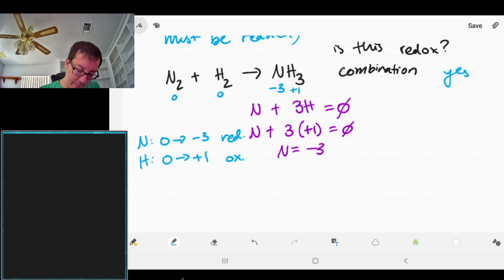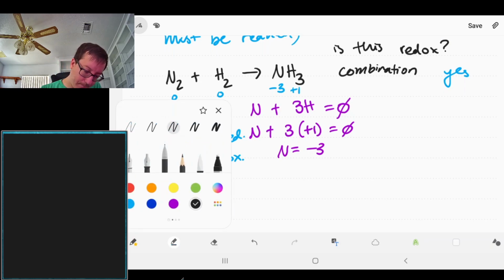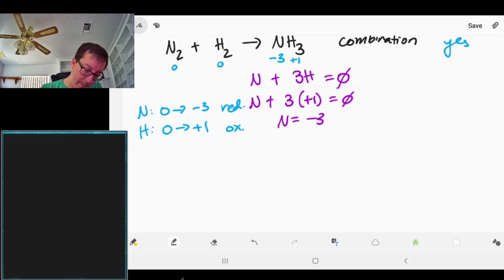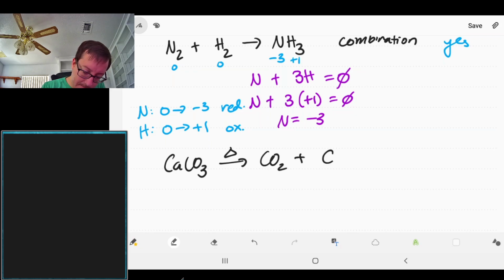We can look at another one. Let's take one of our favorites. We'll go ahead and heat that. We get calcium oxide and carbon dioxide. We can go ahead and do the oxidation numbers for these as well.